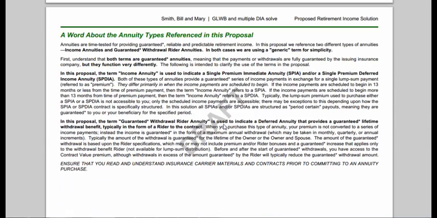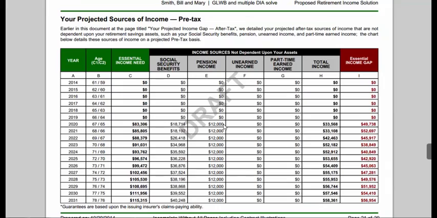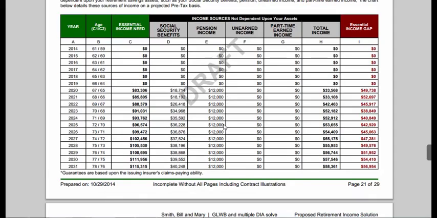We explain what the underlying terms are, what a SPIA is, what a DIA is. This chart is the pre-tax numbers. We have been looking at the post-tax in previous pages, which is what most clients like to see. But in case the client wants to see the pre-tax numbers, they're included at the end of this proposal.